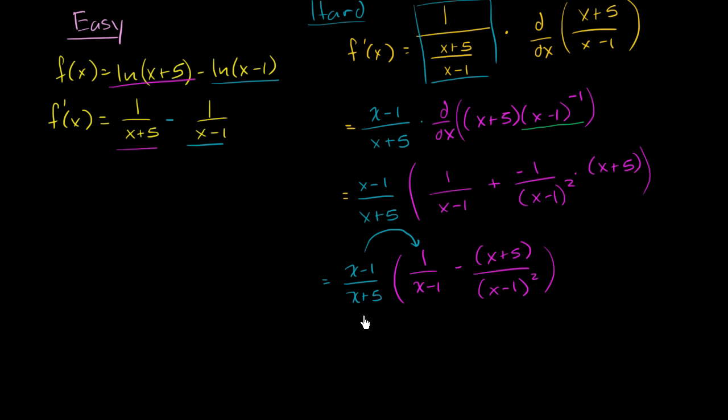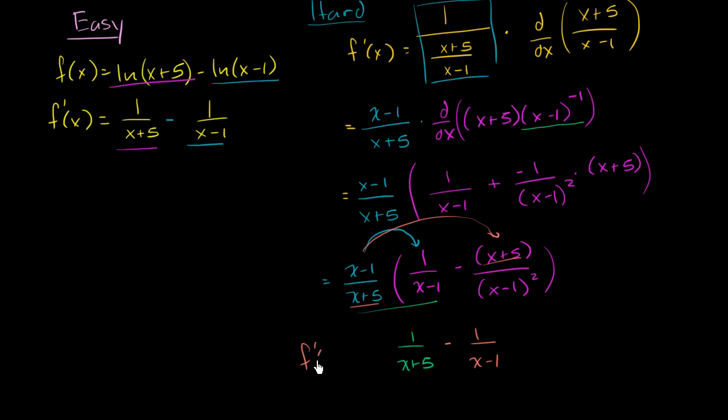And so we're going to get 1 over x plus 5. And then when you distribute it over here, the x plus 5 is going to cancel with the x plus 5, and one of the x minus 1s is going to cancel with one of these x minus 1s. And you're going to be left with just one of those x minus 1s in the denominator.